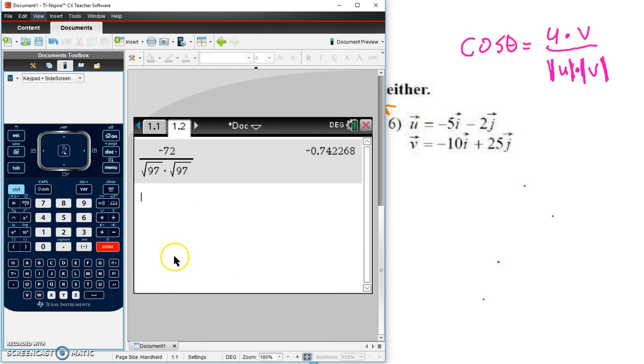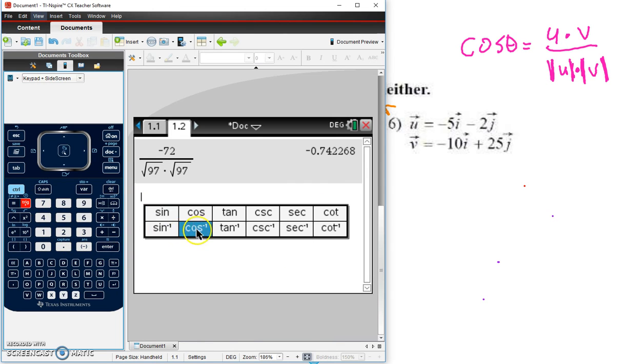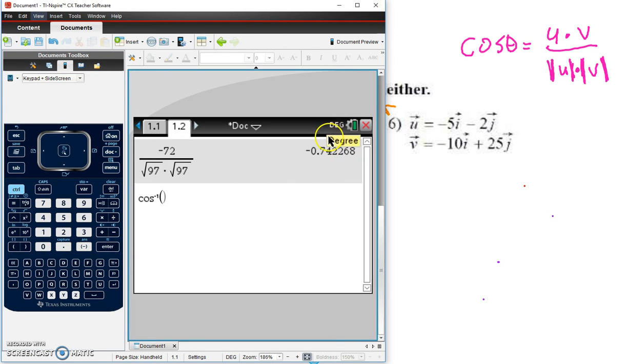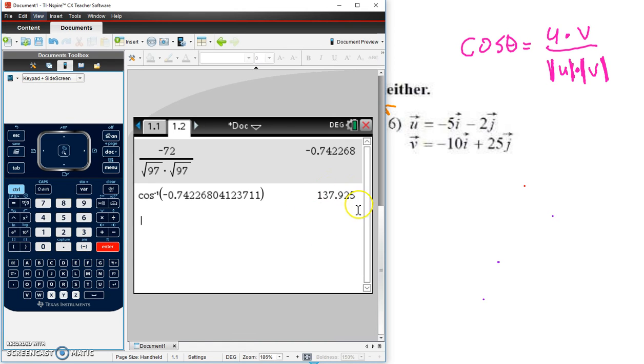If you wanted to find what the actual angle was, remember, all we got to do is cosine inverse. Whoa, did I mean to press that button? Let's see here. Cosine, so go to trig, cosine inverse, and all you're going to do is cosine inverse that angle. So I can just copy it in here. If I do cosine inverse, it'll tell me what that angle is.